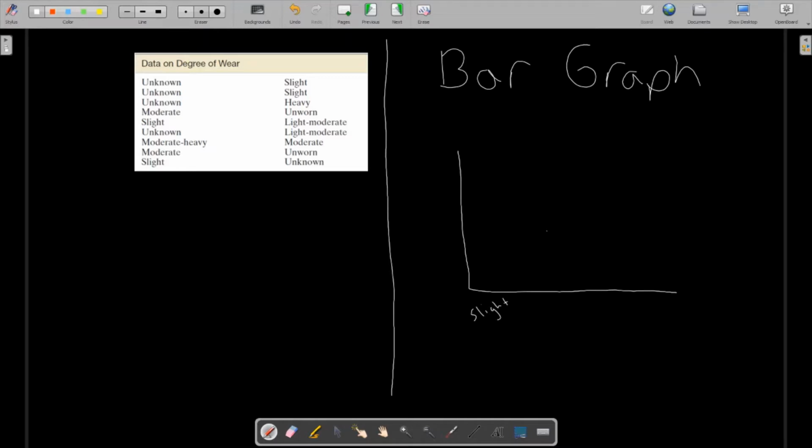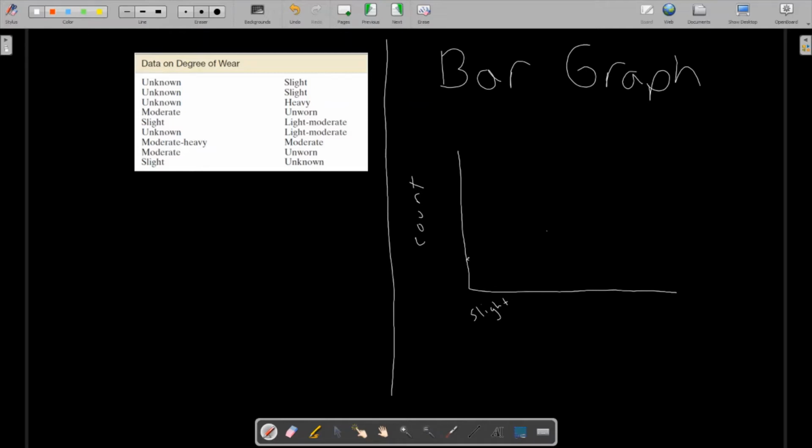And on the x-axis here, we'll have all of the different categories, and on the y-axis, we'll have what is called the count. And this is sometimes called the frequency also. They mean the same thing. It measures how many times we see that value in the data set.